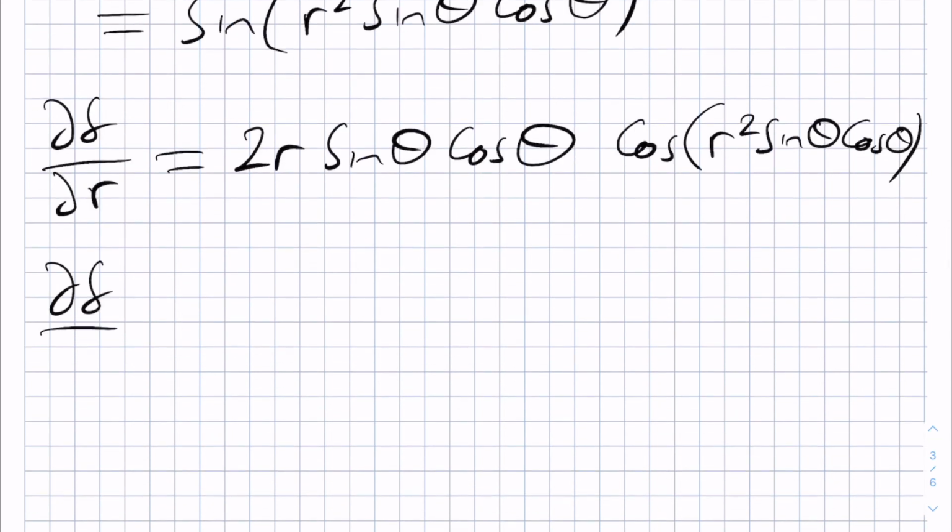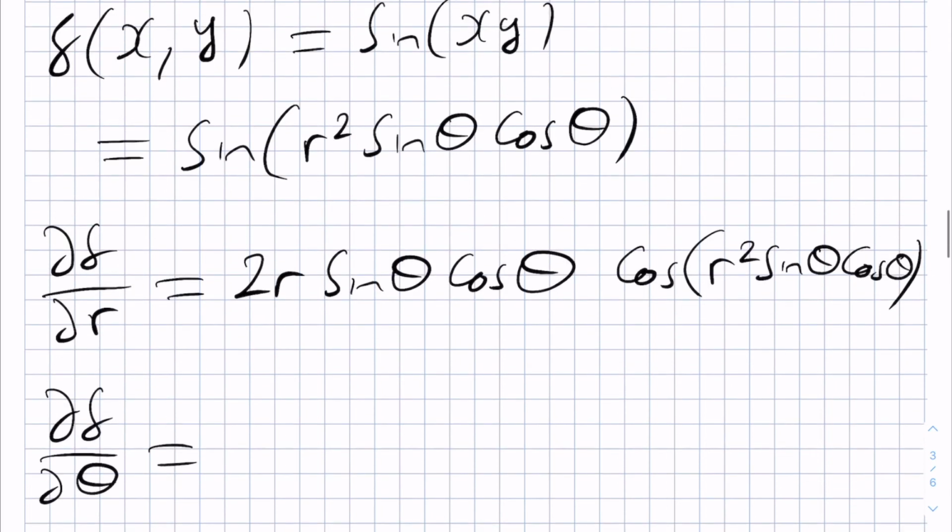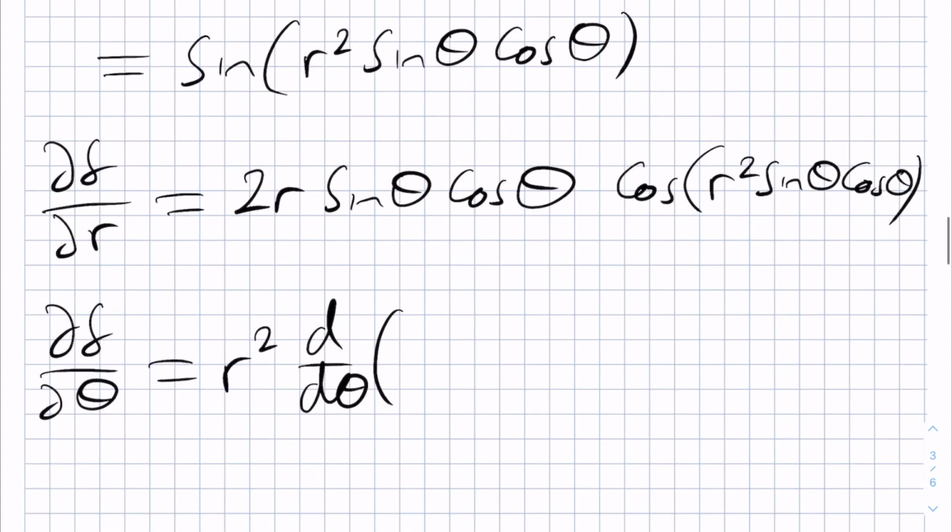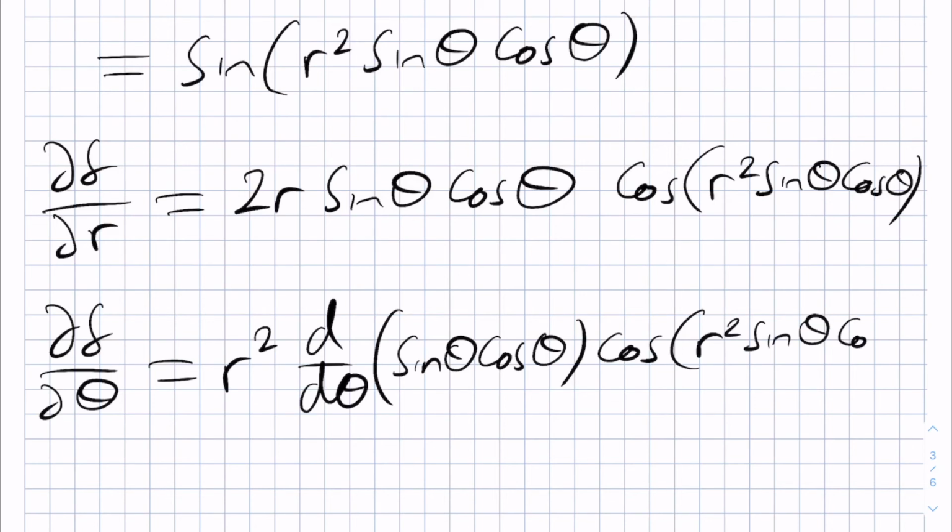Then similarly for ∂f/∂θ, we need to differentiate this with respect to θ, so we have r squared d/dθ of sin θ cos θ, and then we have a cos of r squared sin θ cos θ. We use a total derivative here, d/dθ, rather than a partial, since there is only one variable that we are differentiating with respect to, and this is a function purely of that variable.